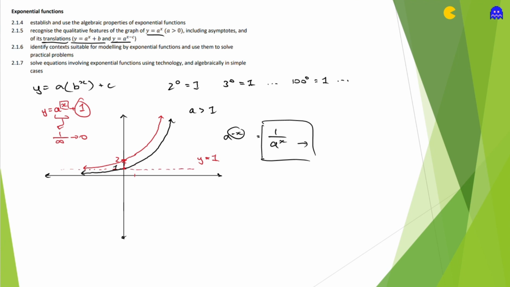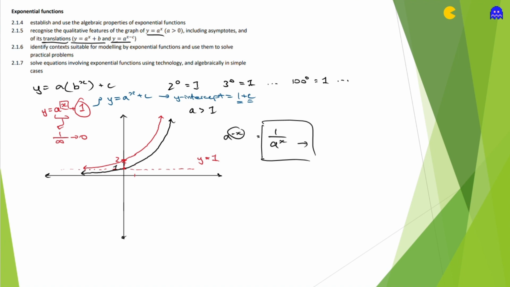And so if we have a more general function, and if we generalize this into the form y equals a to the x plus c, then what's going to happen here is that we have a y-intercept equal to 1 plus c, okay, because 1 is the normal one, and then c is the vertical translation.